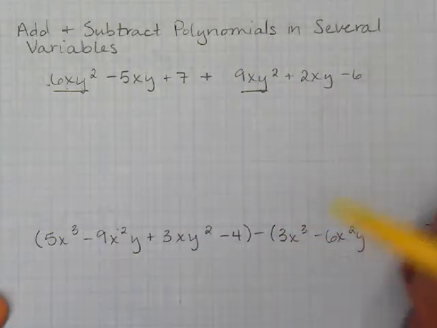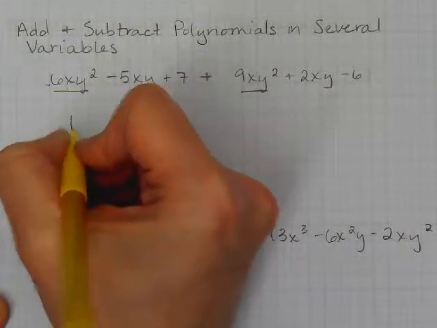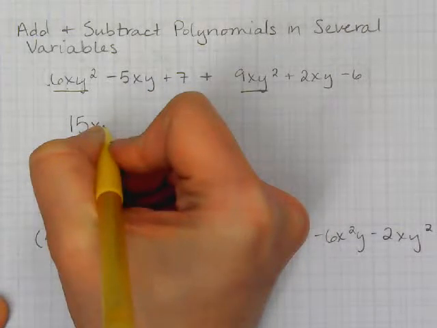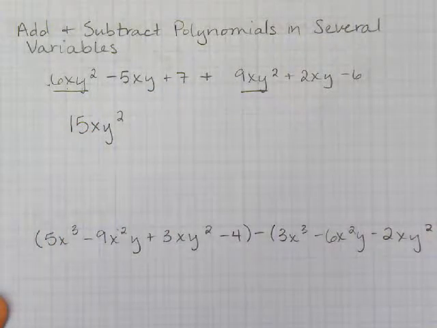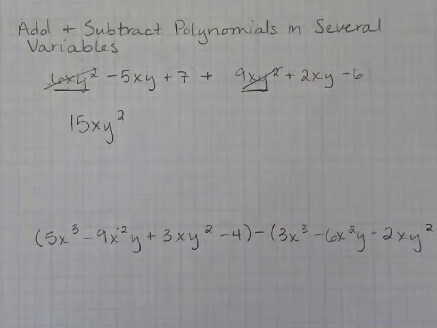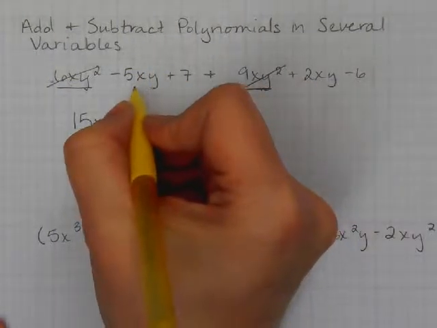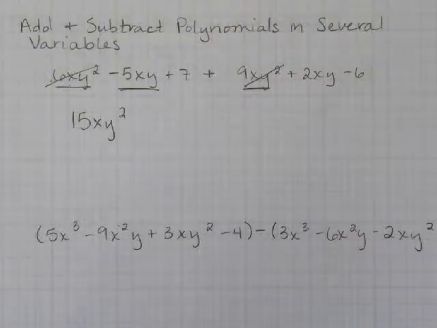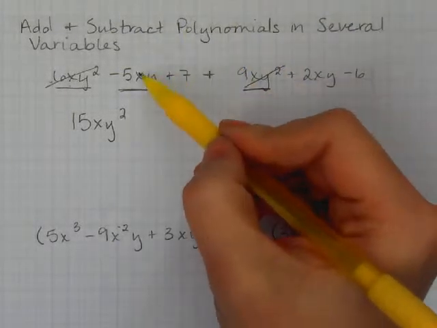My next one, negative 5xy. Is there anything that I can combine with that? 2xy. I'm looking for something else that has just an xy, and exactly that. So negative 5xy plus 2xy, negative 3xy. Once I use it, cross it off.